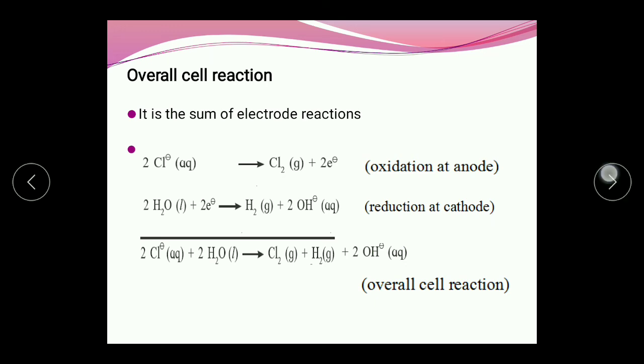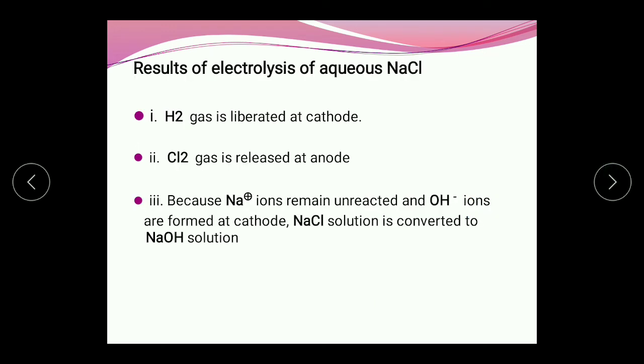So the results of electrolysis of aqueous NaCl are: first, hydrogen gas is liberated at the cathode. Secondly, chlorine gas is released at the anode. And one more thing we get here: Na plus ions remain unreacted at the cathode, and OH minus ions are also formed there.